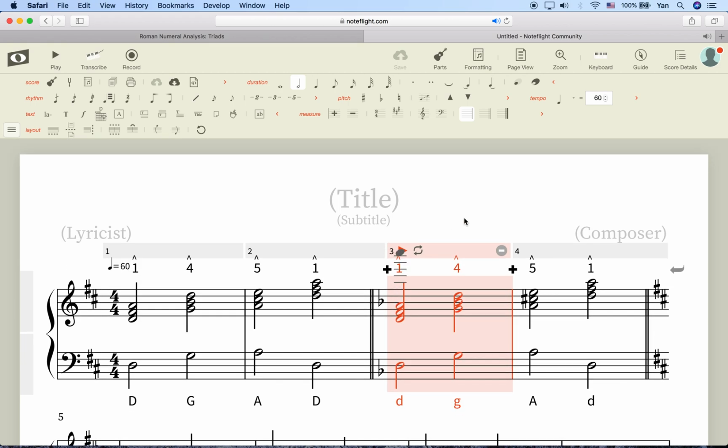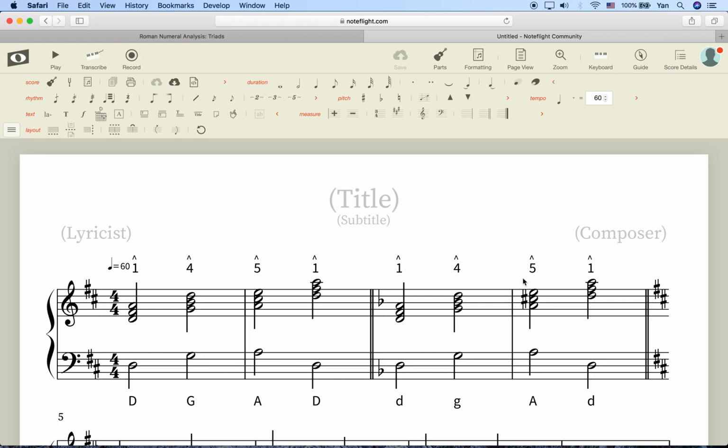Okay, did you notice something strange about this example that I wrote here? If you remember from our diatonic triads in the natural minor key, we have a tone in this dominant chord in D minor that is not actually in the D natural minor scale, and that is C sharp.